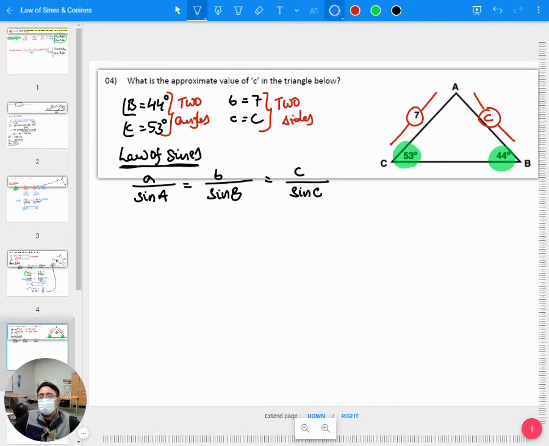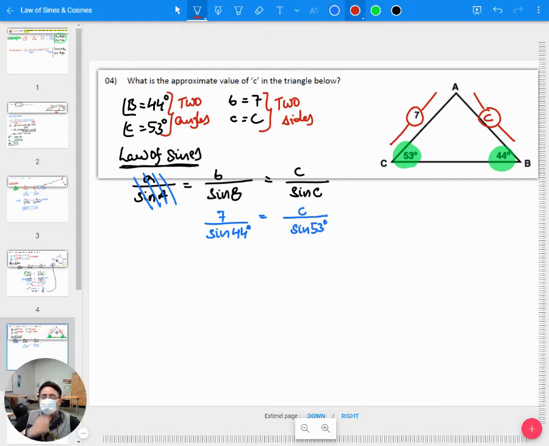Now let me plug in these values. Angle A is not known, therefore I am leaving sine A. And next, B is opposite to angle B, that is 7 units over sine 44 degrees. The side opposite to angle C, which is not given, over sine 53 degrees.